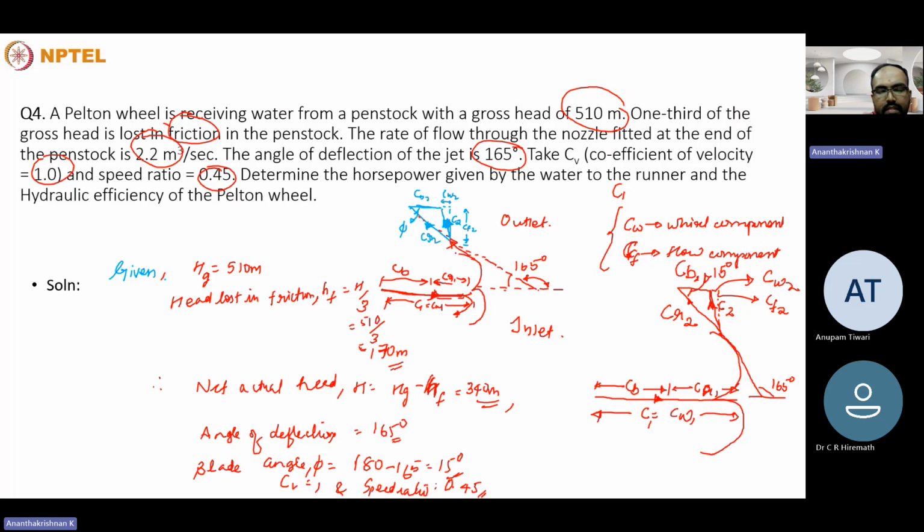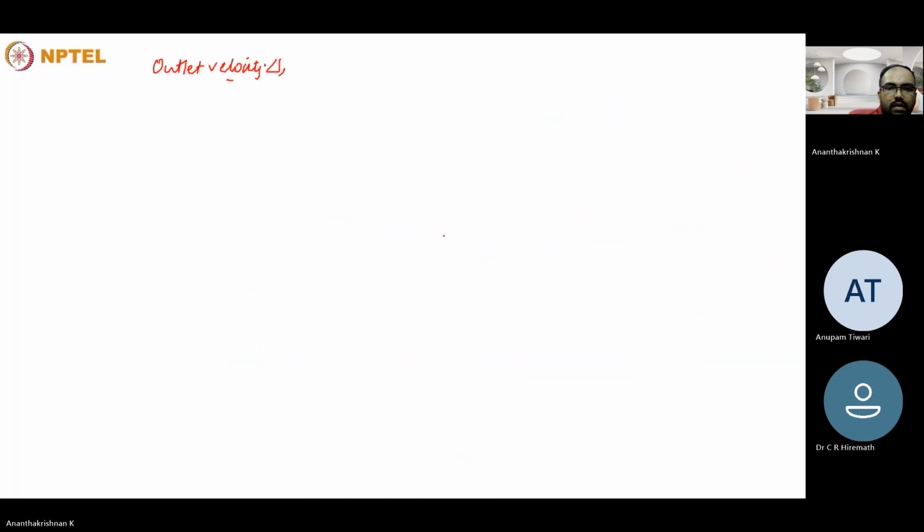Since no friction factor is associated with the inlet and the outlet of the blade, you can take the relative velocity at the inlet, CR1, as the same as the relative velocity at the outlet. No friction, hence CR1 will be equal to CR2, which is equal to the given velocity 44.92 meter per second.